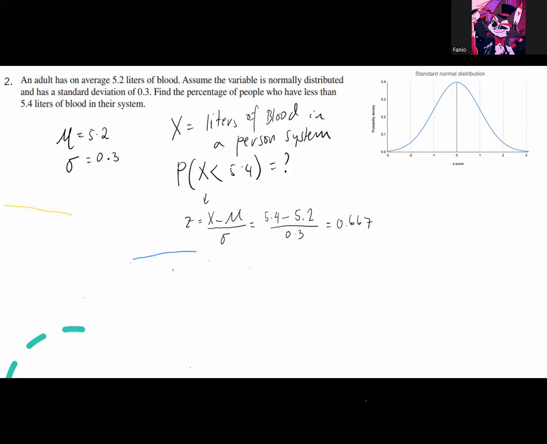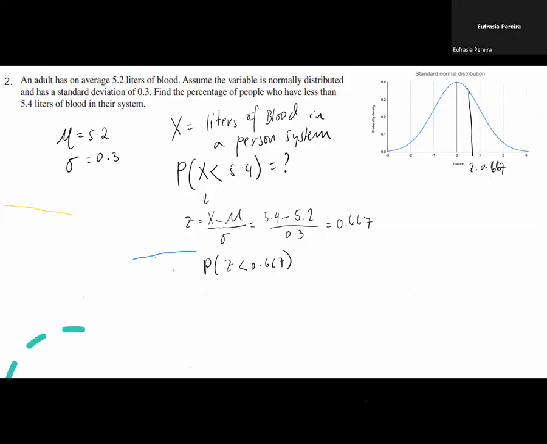Now that you already have this, technically you want to find the probability that z is less than 0.667. Let's put a line. Where is 0.667? Somewhere over here. We want to find less than it, to the left of this.